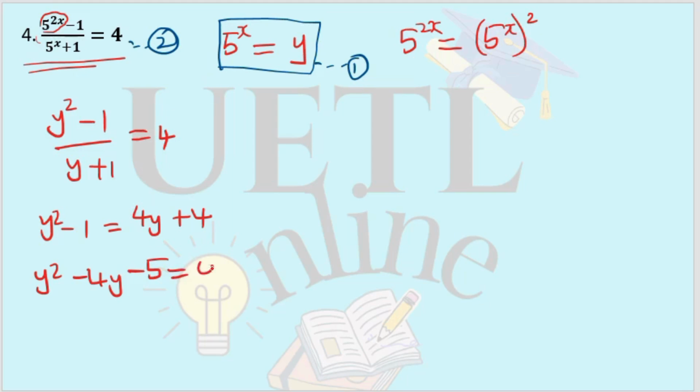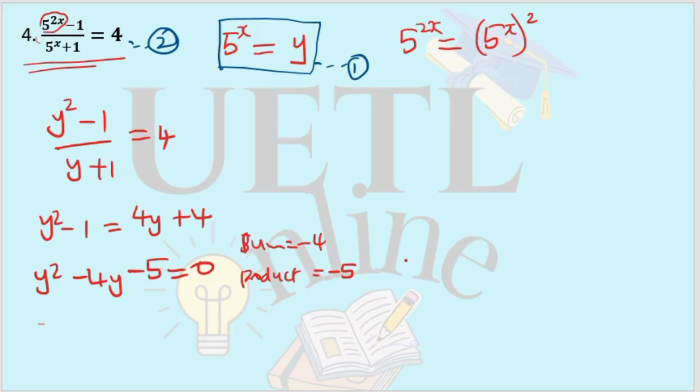Now we have to solve this quadratic equation. We have to find the product and sum again. Our sum is minus 4 and our product is minus 5. We see what two numbers we can multiply to get minus 5 and sum to get minus 4. The factors of 5 are only two, so this becomes easier.